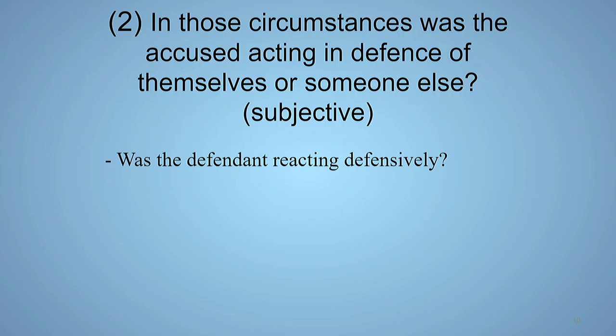Why do we think we have this criteria? Why do you think it's important for us to be thinking about whether someone was actually acting in self-defense? Otherwise you could go out and just shoot someone and say, oh, I thought he was going to attack me. You have to actually feel like you're under threat. Yeah.